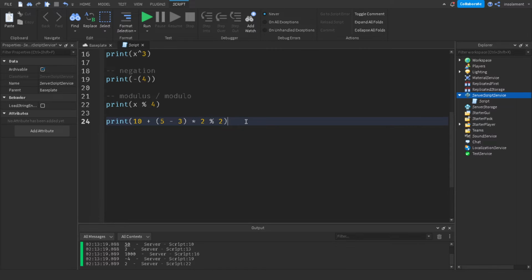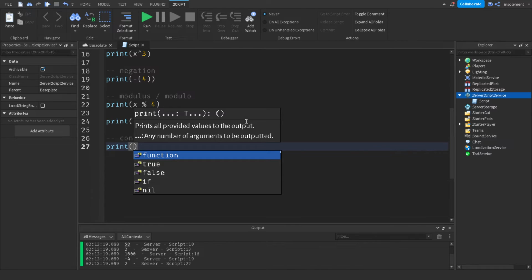So yeah, there's one more I want to go over. It's not a part of arithmetic operators, but it is important. It's called concatenation. What it is, you can combine multiple strings or data types.